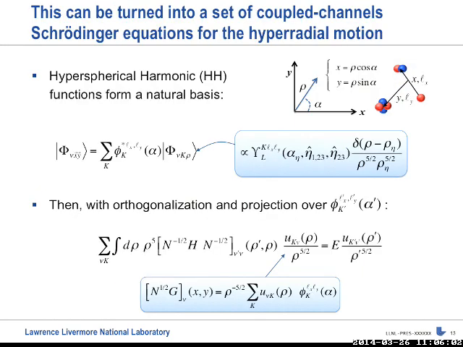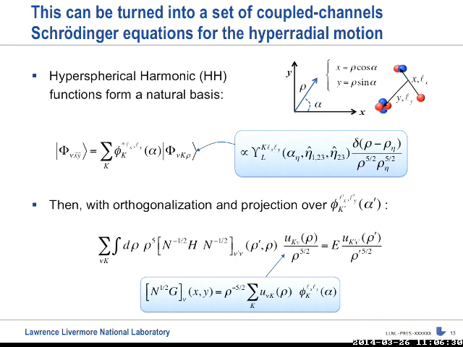Okay, so now a convenient basis to expand the channel basis I presented before are the hyperspherical harmonics functions, which are, everybody knows, I'm sure, the many-body generalization of spherical harmonics. So what we do is a change of coordinates from the Jacobi coordinates I showed before to hyperradius and hyperangles.